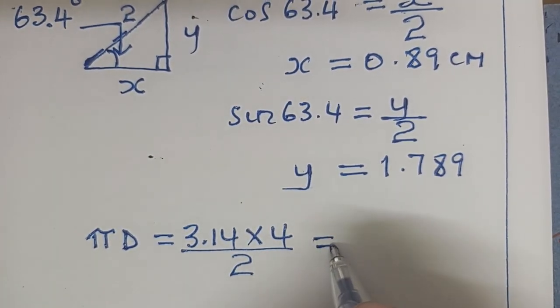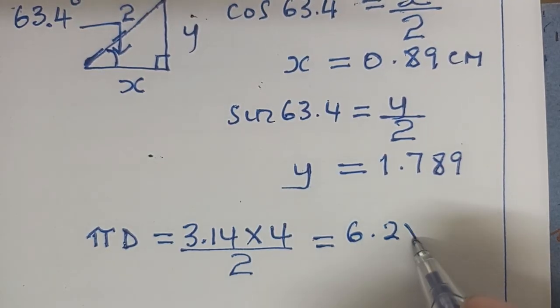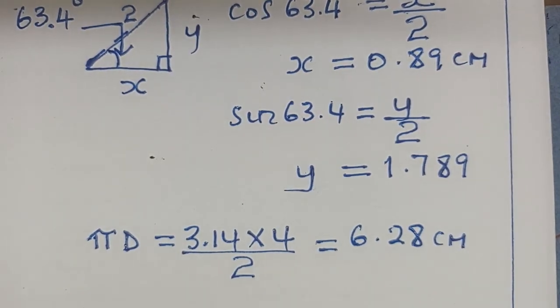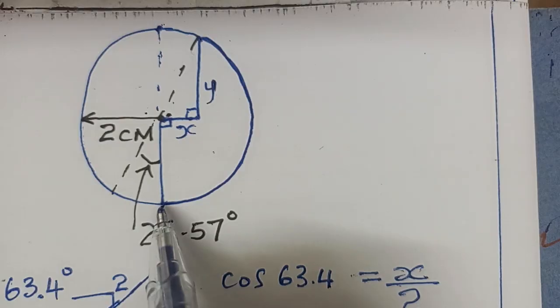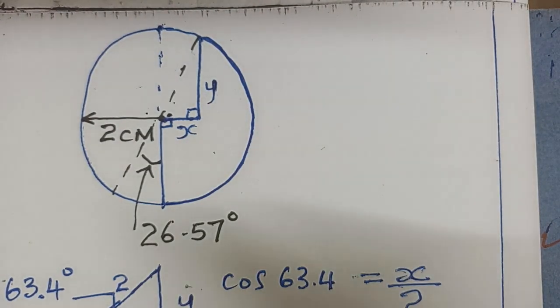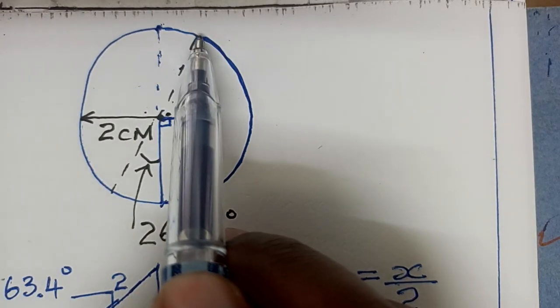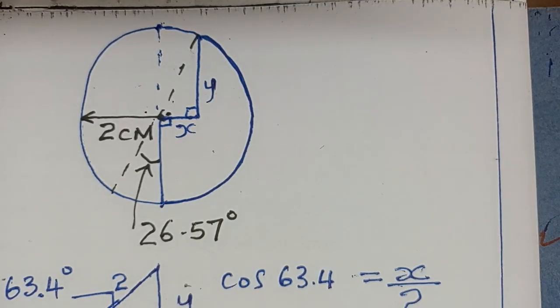Guys, this one comes to 6.28 centimeters. So guys, now we've been able to establish the length from this point up to that point. Guys, now we are going to establish this small length here, which we are now going to take out from the whole of that length.